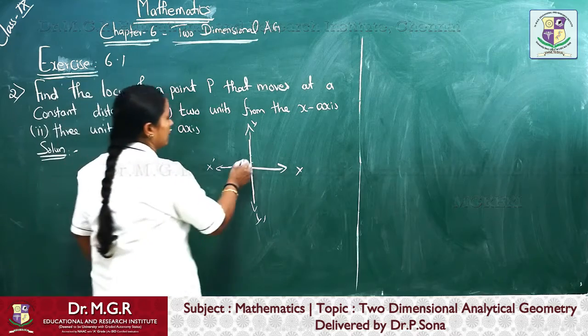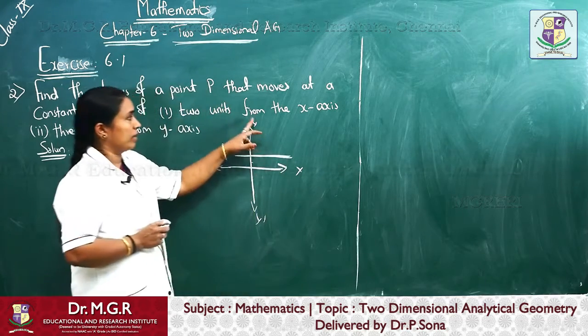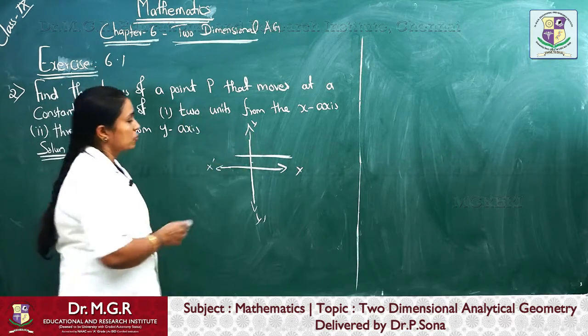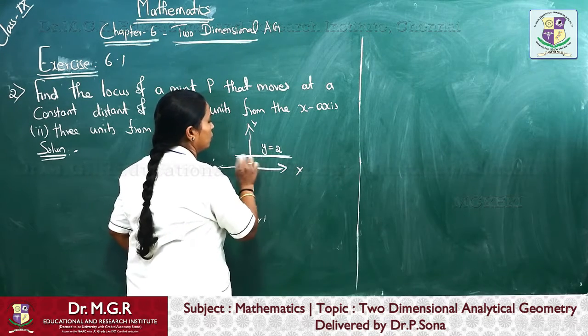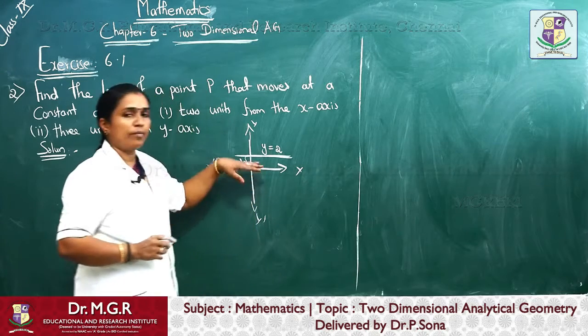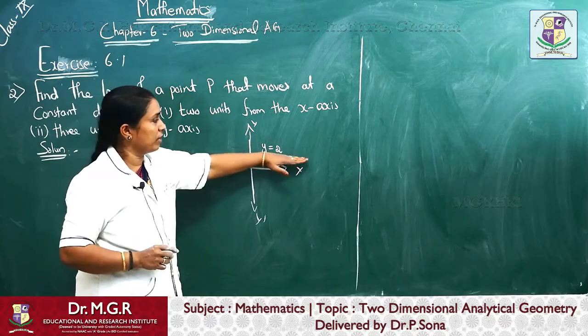So this line is the locus of the point which is 2 units from the x-axis. This line represents y is equal to 2, because at this point the distance is 2. So from the x-axis 2 units, that is also representing one line.